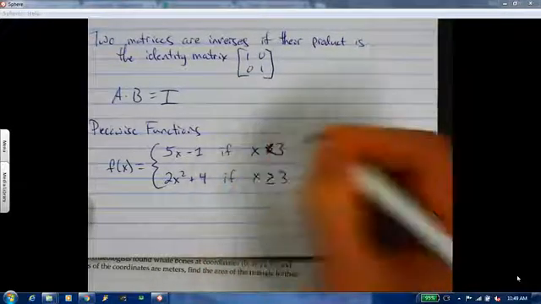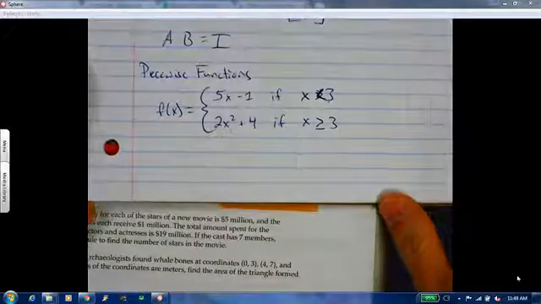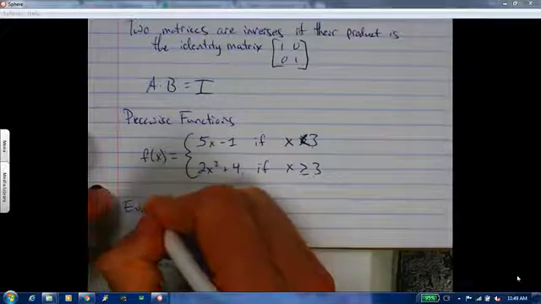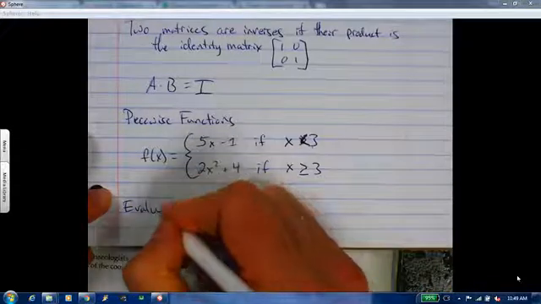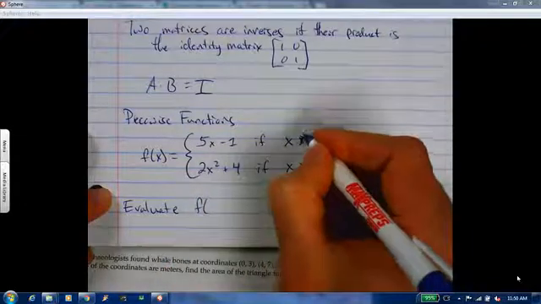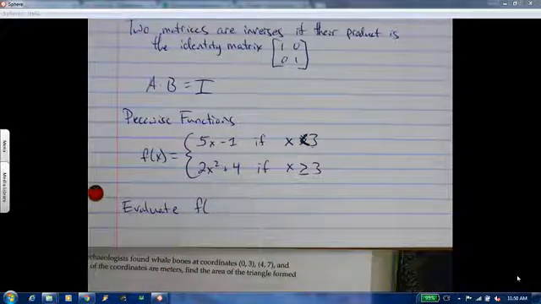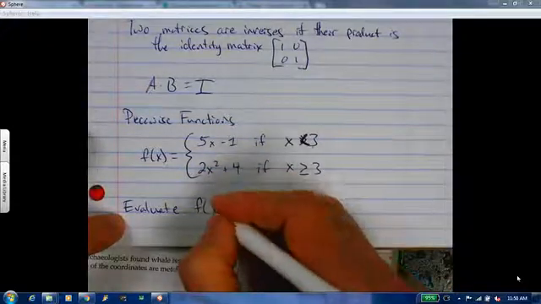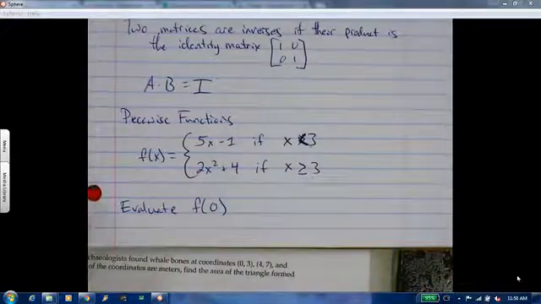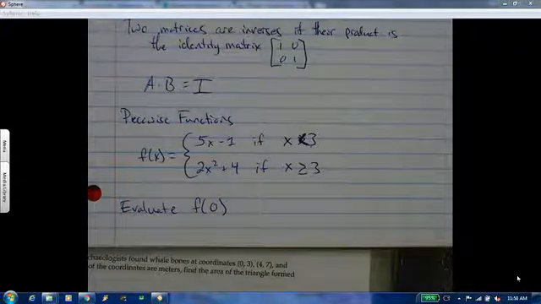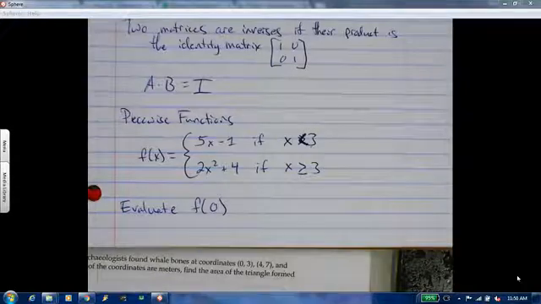This is what piecewise functions look like. That is a less than, yeah. Wrote it wrong the first way. Because you have two different rules depending on what your x value is.